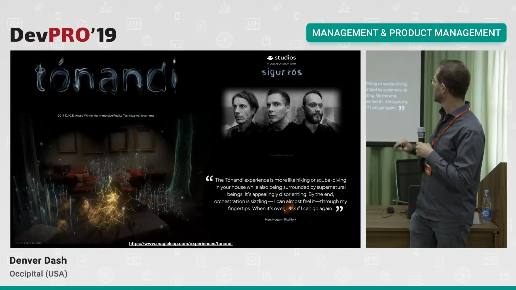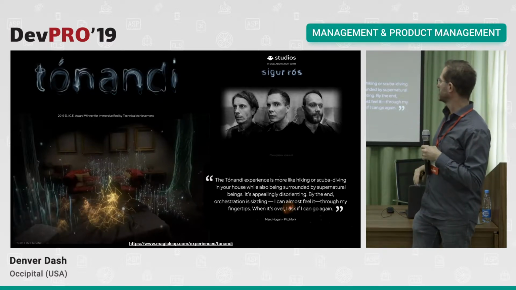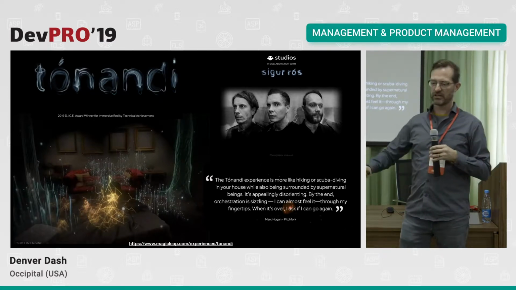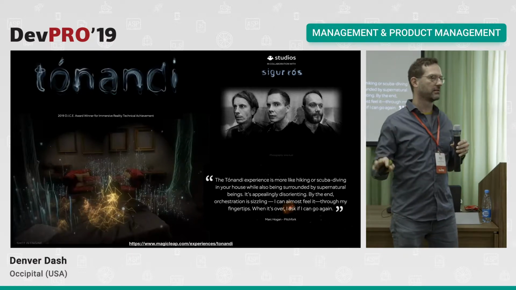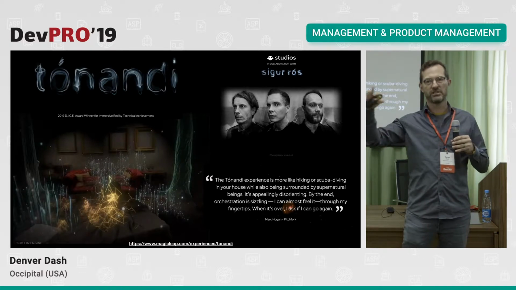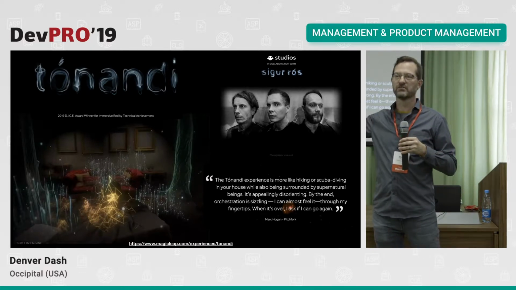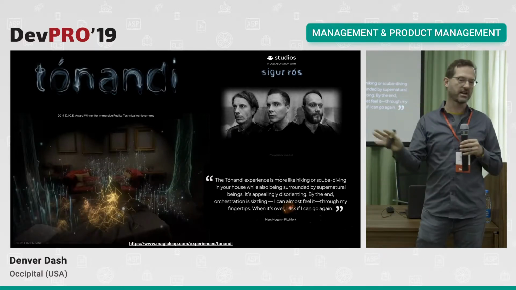It's called Tonandi. It's a collaboration with Sigur Rós. And you're walking in your room through this really trippy light forest with crazy creatures flying through the air, like jellyfish floating through the air. And you can touch everything.